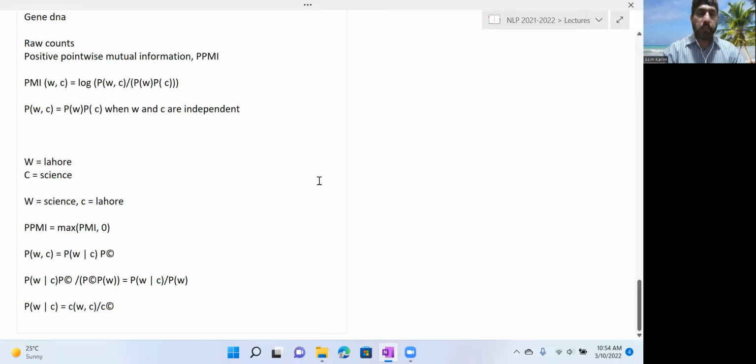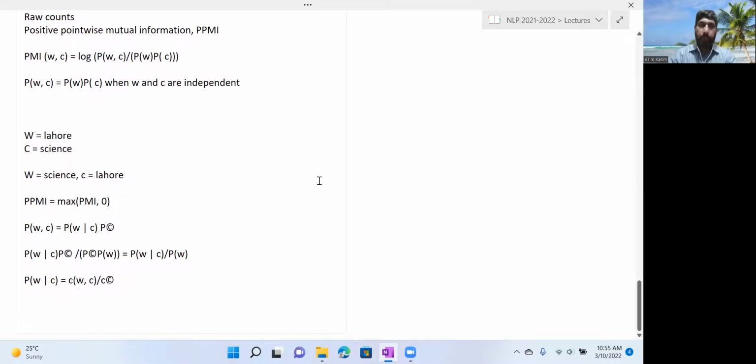That would be the MLE estimate. Of course, if you want to do add K or add 1 or even Kneser-Ney smoothing, you can do that as well. So any questions?